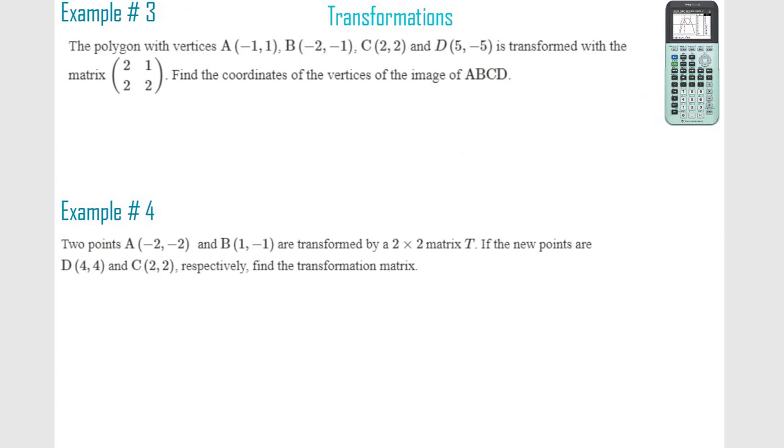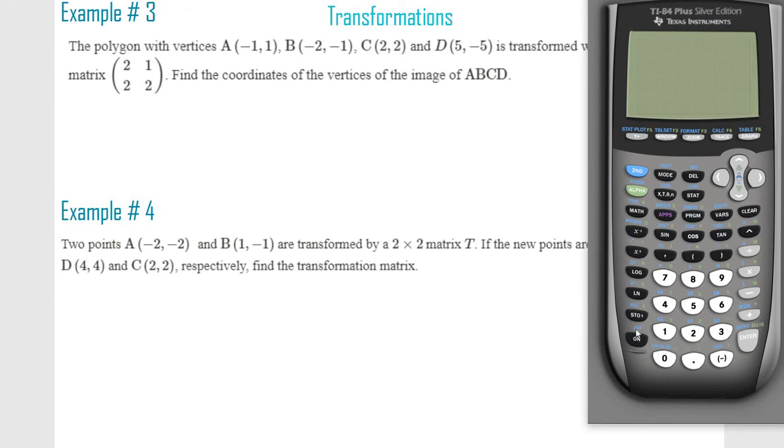Let's find the coordinates of the new transformations. We can do this with our calculator, so that's going to be fun. Go to your matrix. Second matrix, we're going to edit our matrix. We're going to make our transformation matrix, so that's a 2 by 2. We've got 2, 1, 2, 2.